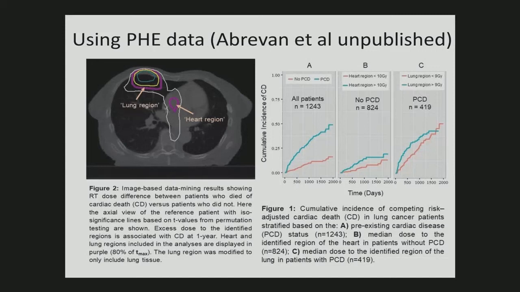And interestingly, what she found was not only the region in the heart, the same region that we found before, but in her data analysis, she actually balanced the groups on tumor size and on patient characteristics, because she has so many patients that she could create a balanced group where she's comparing those distributions. Patients that have exactly the same characteristics, except one died and one didn't die. The only difference is the tumor location. And that is very sensitive, and now she found a heart region, but also a lung region.